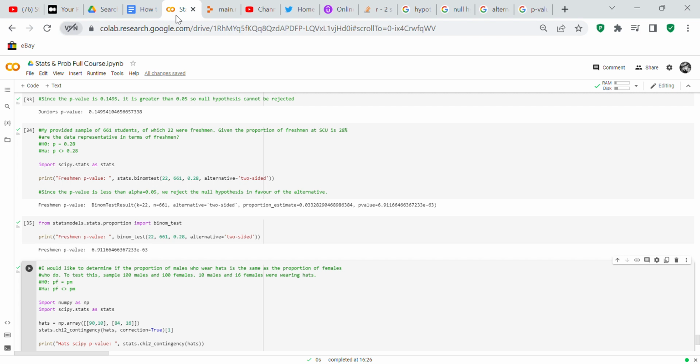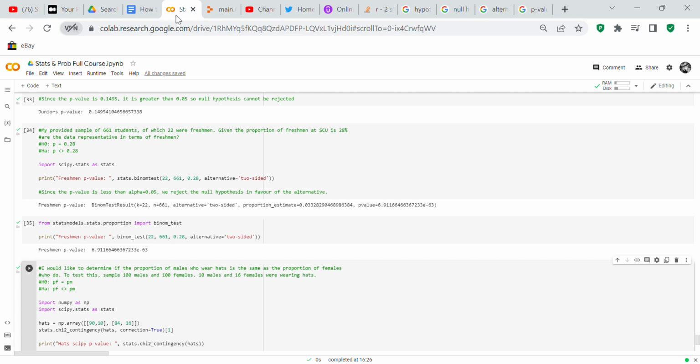So that was good. The first solution we have is scipy.stats as stats, so stats.binomtest(22, 661, 0.28, alternative = "two-sided"). That's the most current version of the code that you are supposed to be using, because the code that I showed you in the earlier example has been deprecated.